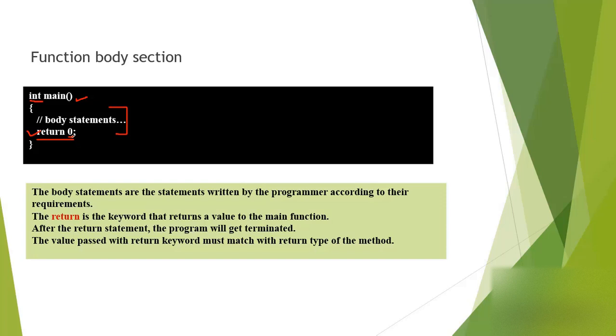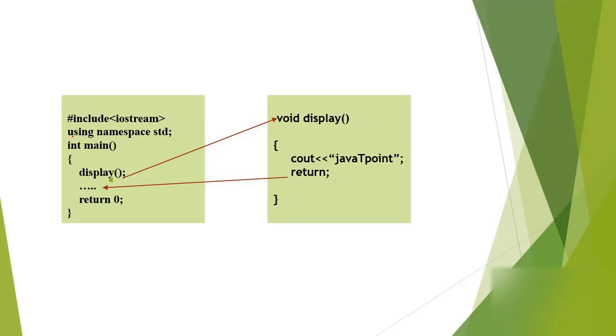Let's understand this return statement through a simple example. Here we have used a very simple example. We have created a main function in which we are calling a display function, which is a user-defined function. When we call the display function, the control moves to that user-defined function. Then all the statements of this function will be executed.